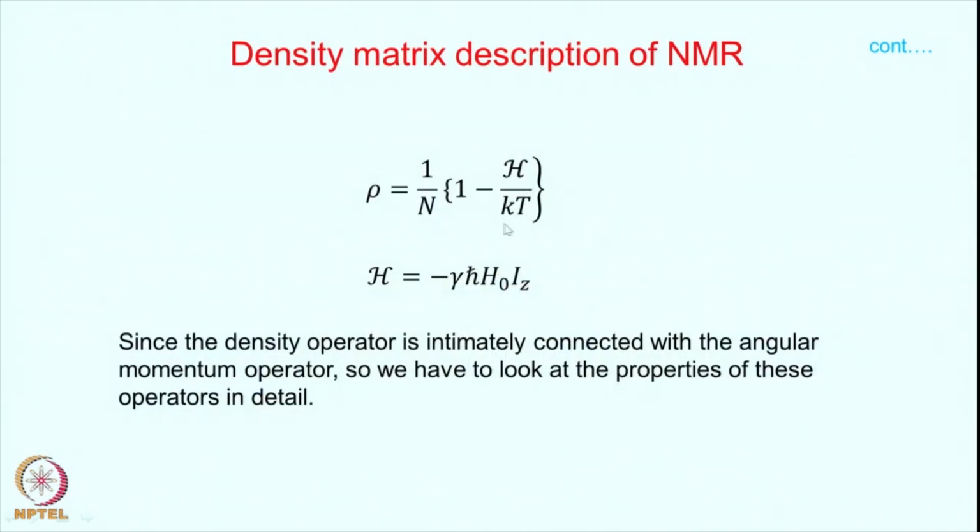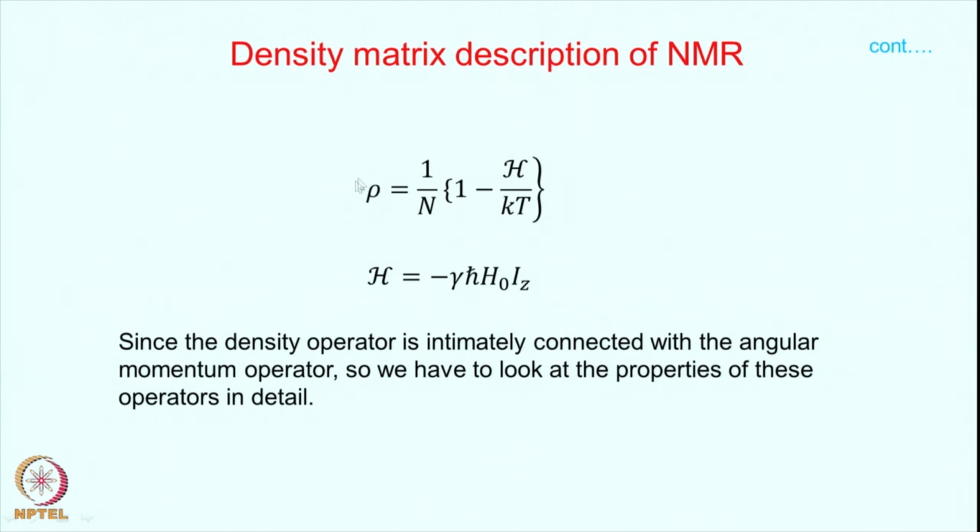And we also said that we have to take an ensemble average to represent the measurement. So, in the end we came up with this expression for the so-called density operator, rho is equal to 1 by n, 1 minus the Hamiltonian divided by kT, and this is an operator here.